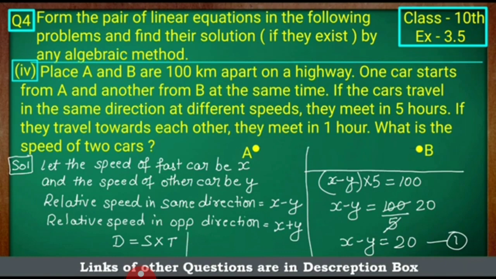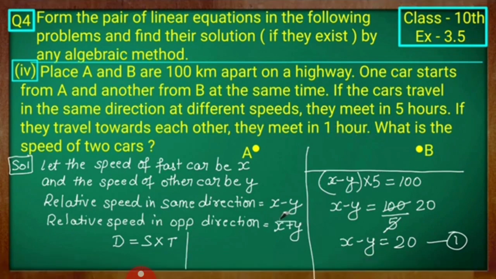Now by the second condition, if they travel towards each other, they meet in 1 hour. When they travel towards each other, the relative speed in the opposite direction is x plus y. This is speed into time, time is 1 hour, equal to distance, which is the same, 100 km.